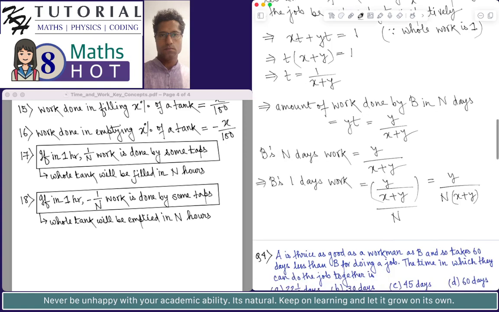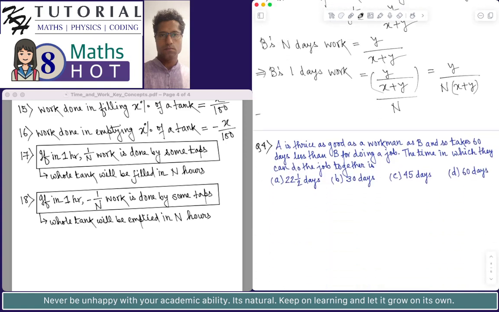Now from this fact we can clearly say that B alone will complete the job in, now this y by n into (x plus y) is B's 1 day's work. It is always preferable to express 1 day's work in the form of 1 by n.